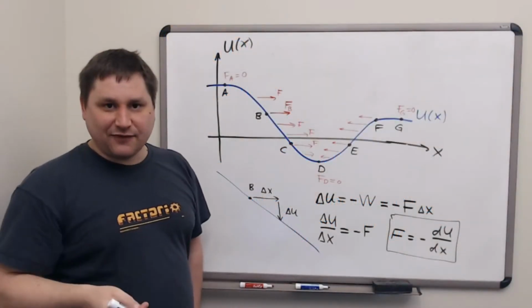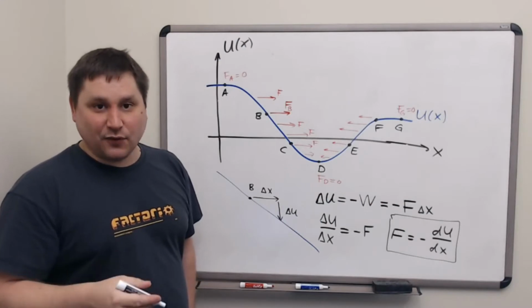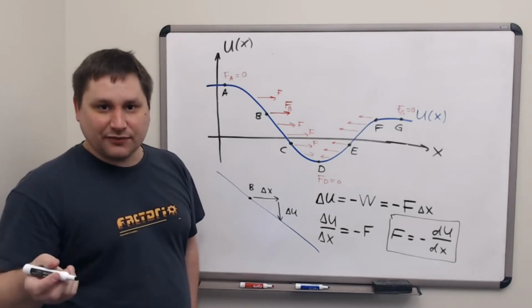We have a special name for these locations where there would be 0 net force. They're called points of equilibrium.